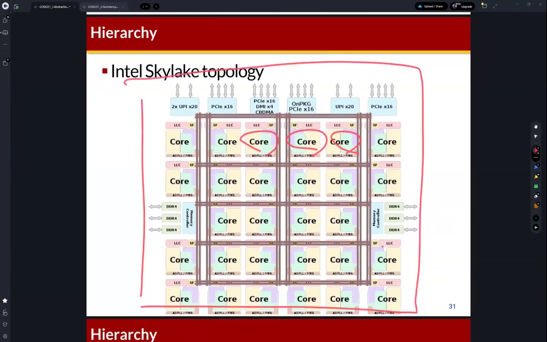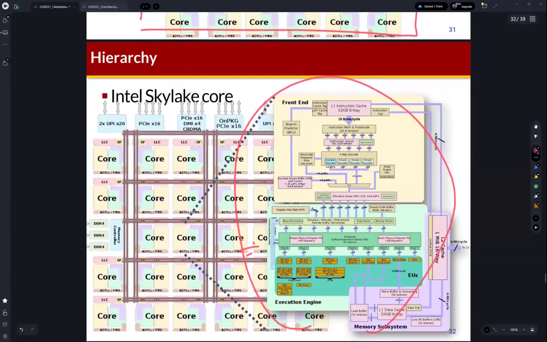Inside a single chip, there are many sub-modules, many smaller components, like many cores, many interfaces like PCIe, and some DRAM controllers here. So we can find many sub-modules inside an entire chip. And if we focus on a single core, this single core also includes many components. So this is hierarchical design.